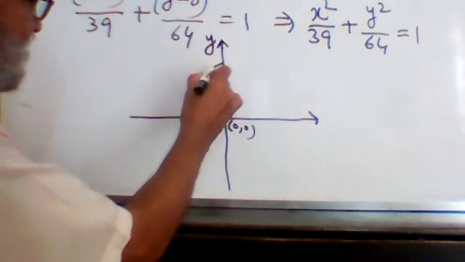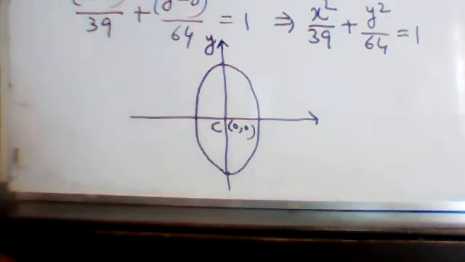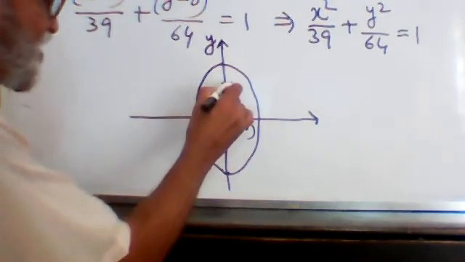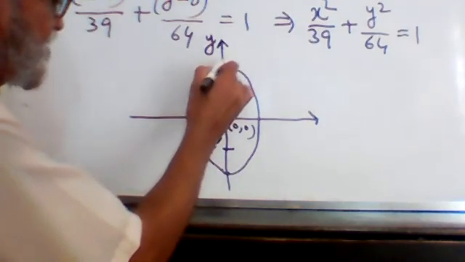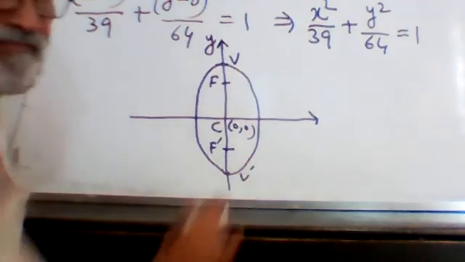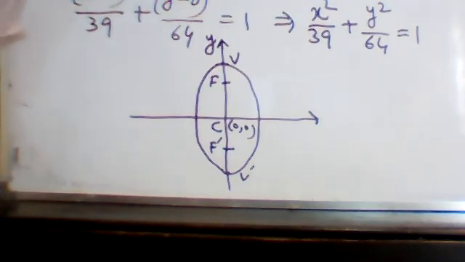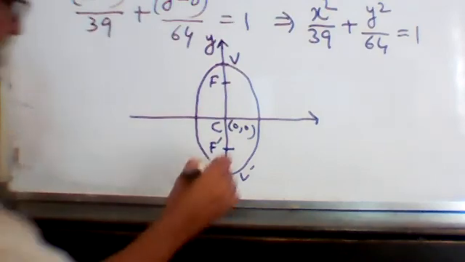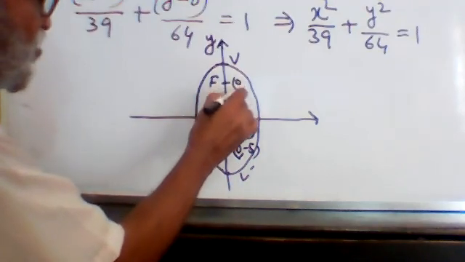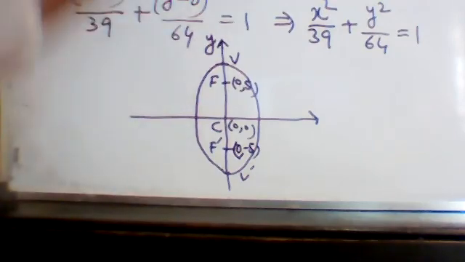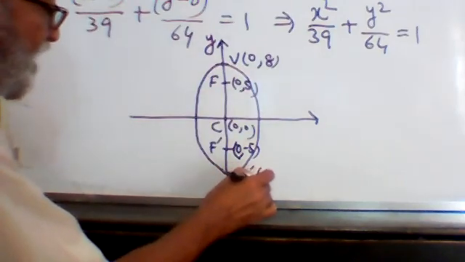Along the y-axis, so we will make it like this. Here one focus will come, positive or negative, here the vertex will come. This is F dash, this is V, this is V dash. F will be the focus. One will be 0, minus 5. This is 0, minus 5. So the other will be at the same distance above, 0, 5. One vertex was 0, 8. This is positive 0, 8. So the other vertex will be at the same distance from the center, 0, minus 8.